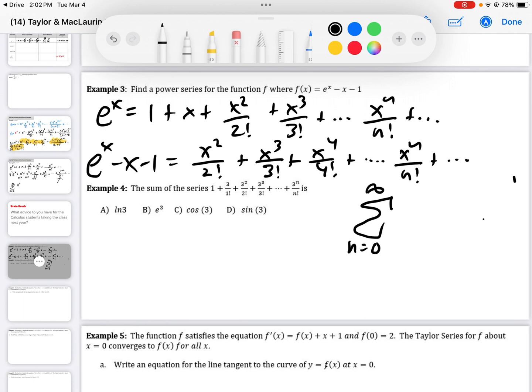Okay, I'm not sure if we need to know this part. Yeah, that's not a thing. Let's not worry about that. Let's just write it like this, plus dot, dot, dot. That's what it's equal to right there. I'm not going to try to write the summation notation for that.